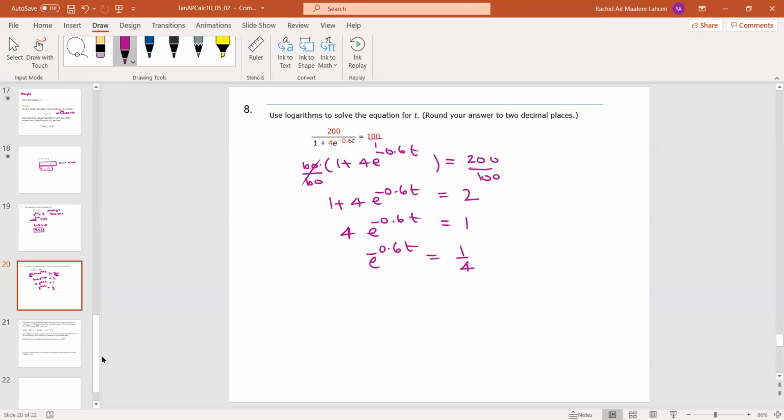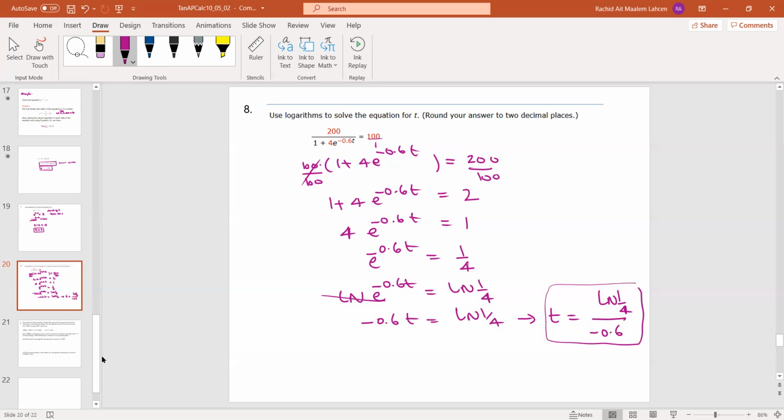And we take ln, and that's going to give this. And now we divide by ln 1/4 by negative 0.6. Again, this is an exact value.